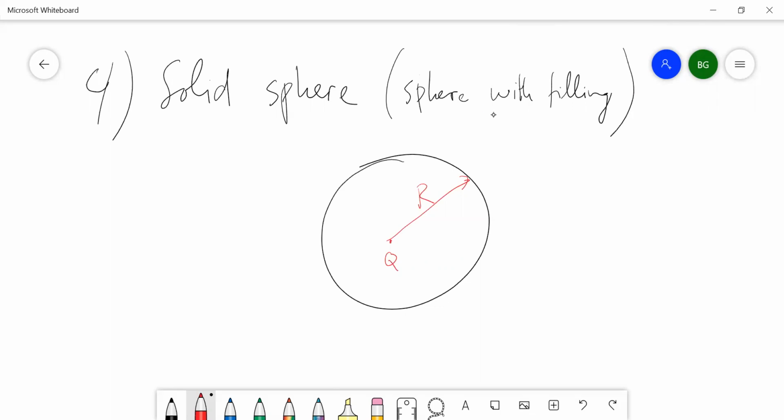So for the solid sphere, we talk about the volume density. This is rho, which is Q over the volume.